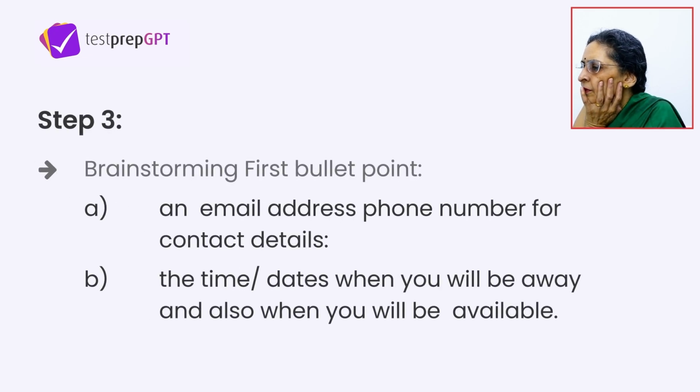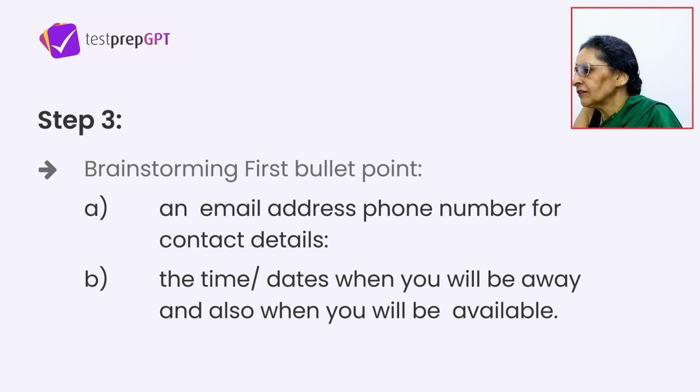Let's move now to brainstorming, which is step 3 and very crucial to the content of your letter. We'll go through each bullet point systematically. So the first bullet point would require you to write your contact details.